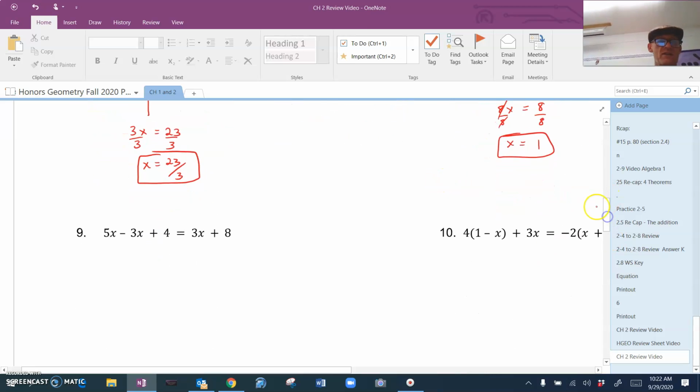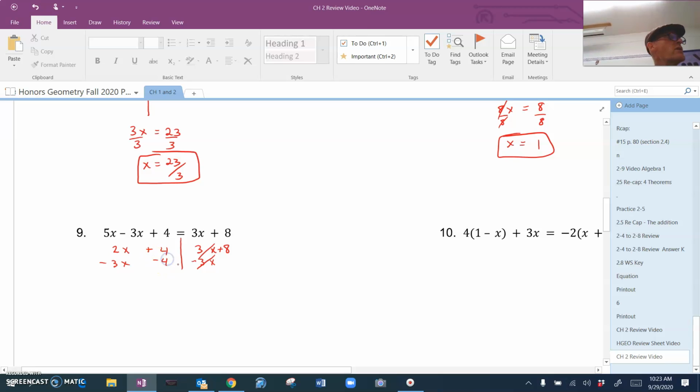And number 10 is an equation with variables on both sides. You get 2x over here plus 4 equals 3x plus 8. That's what I first want to do. Now I'm going to combine the 3x and the 2x, so I'll move the 3x to the left. And then I cancel it over there on the right.